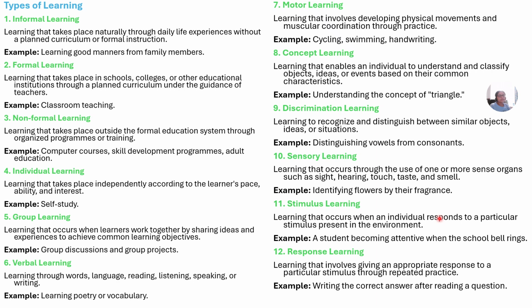Example, student becoming attentive when the school bell is ringing. Okay. School bell is the stimulus. So, student is becoming attentive. Attention is the response. Okay. So, a person responding to a particular stimulus. That means a student will learn that when the bell rings, I have to become attentive. Okay. That is the stimulus learning.